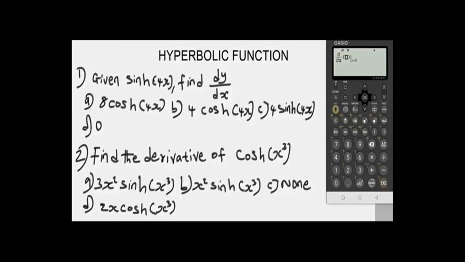Then you press this catalog button for hyperbolic functions, go down. Okay, this hyperbolic function, number one, we have cosh x, to bring that, press shift and this 0 button, to the power 3.